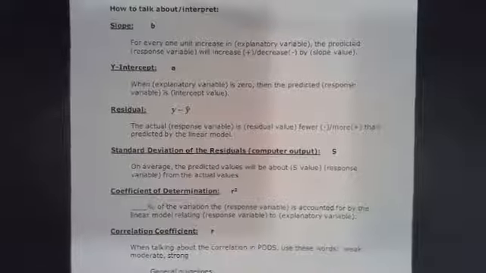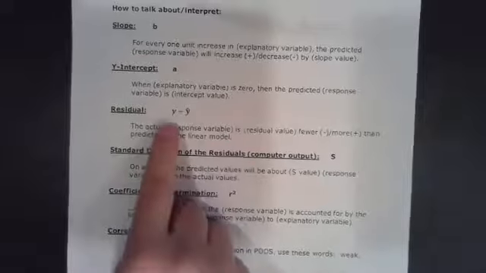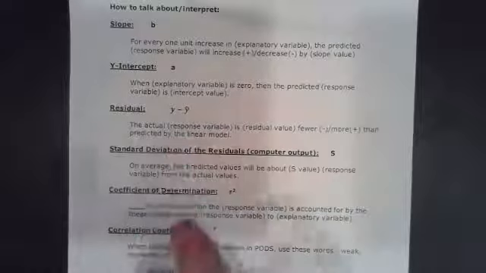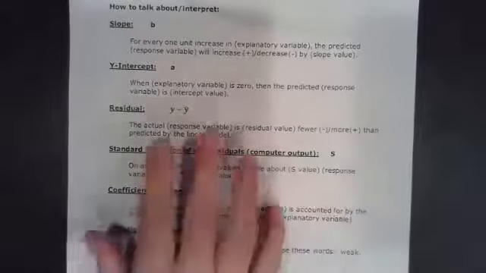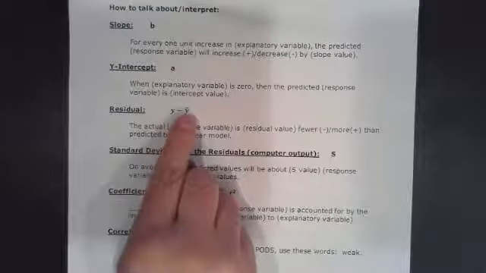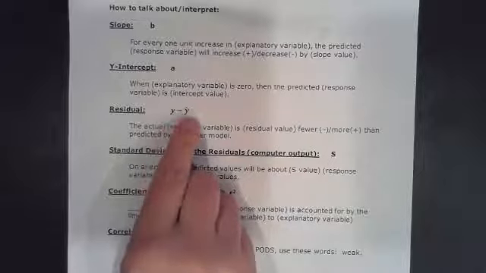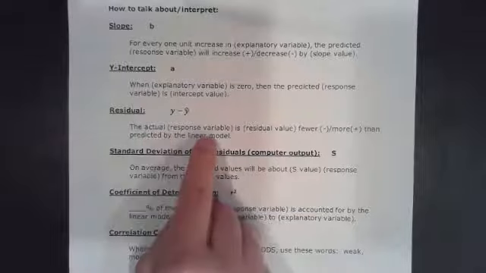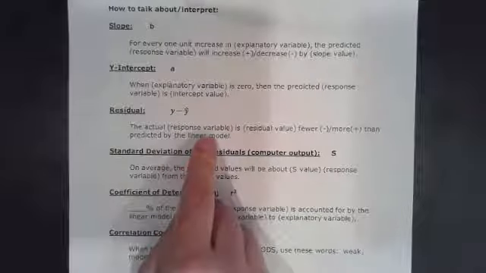Okay, the residual is the actual value. So it's y minus y hat, which is actual minus predicted. It's the observed minus the predicted. So this is the actual response variable, the x value. No, y value.